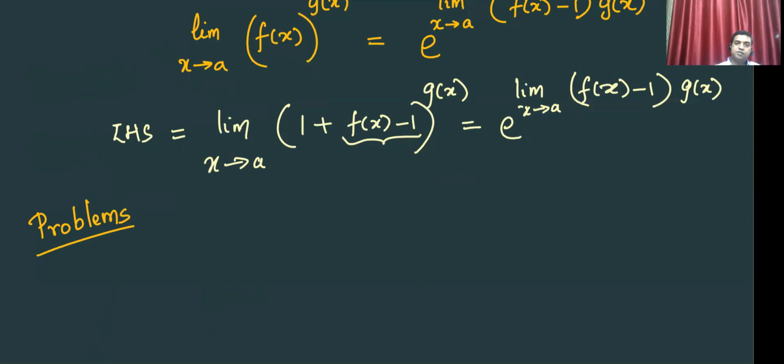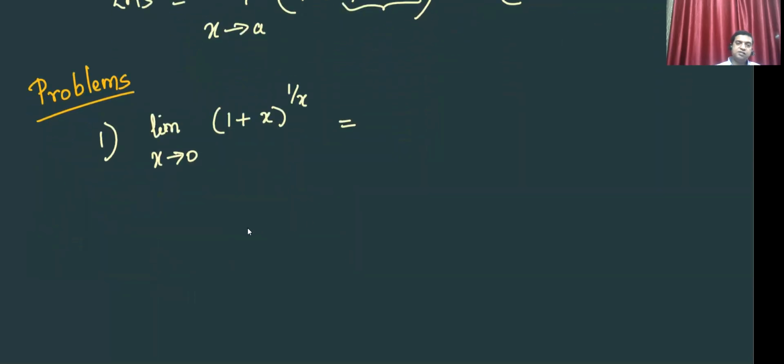So problems. Okay. This is limit x tends to 0, 1 plus x to the power 1 upon x. This, the answer, this is a standard result.